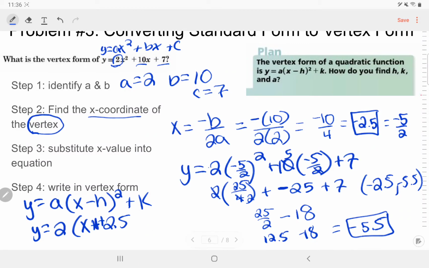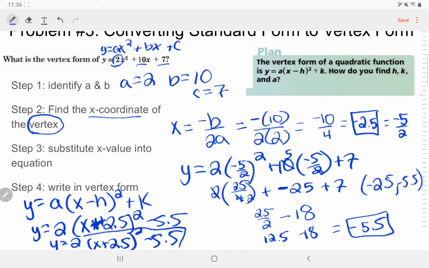So it's going to become positive, squared, and then in the back it's minus 5.5. And that's how you convert it to vertex form. Obviously there's decimals, so there is more we could do, but we're going to stop right there. And that's how you're going to convert your equation to vertex form.